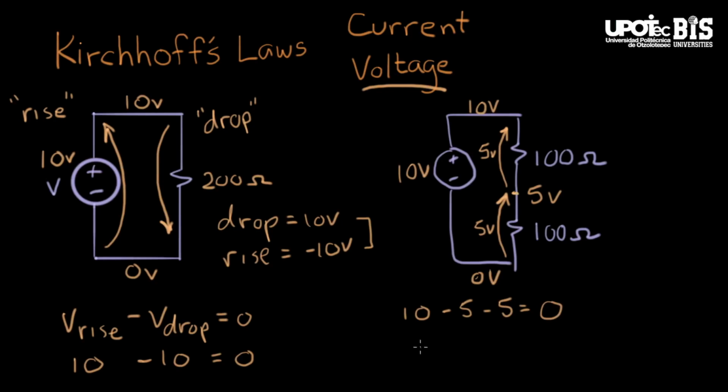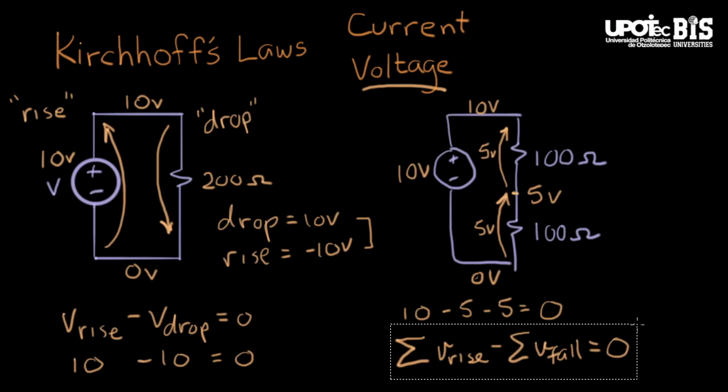We can do the summation, that's the summation symbol, of the V rise minus the sum of the V fall equals 0. This is a form of Kirchhoff's voltage law. The sum of the voltage rises minus the sum of the voltage falls is always equal to 0.